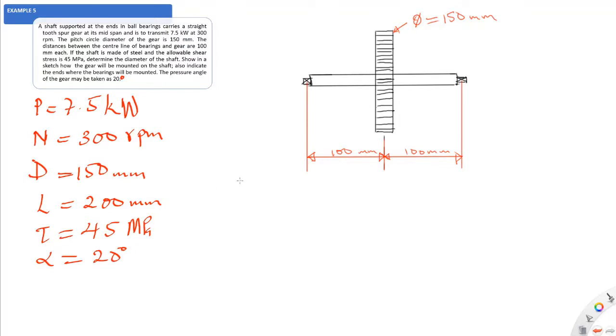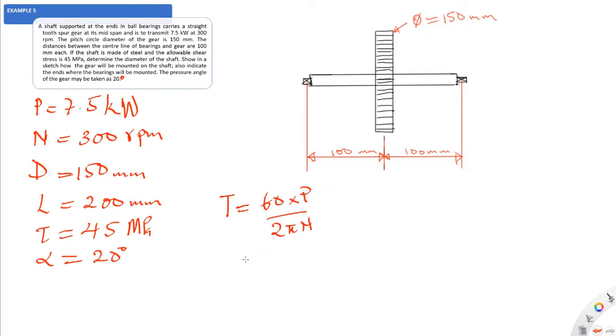What we have to do first of all is to determine the torque on the shaft. We know that the torque on the shaft, T, is equal to 60 times the power P divided by 2 pi n.